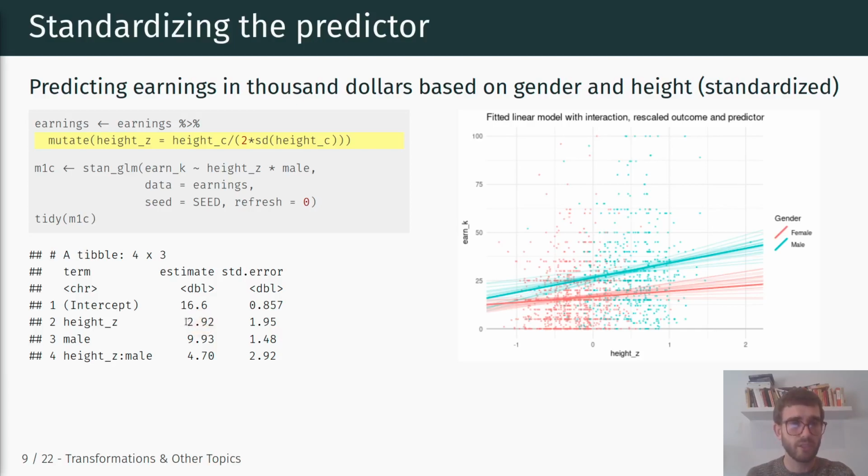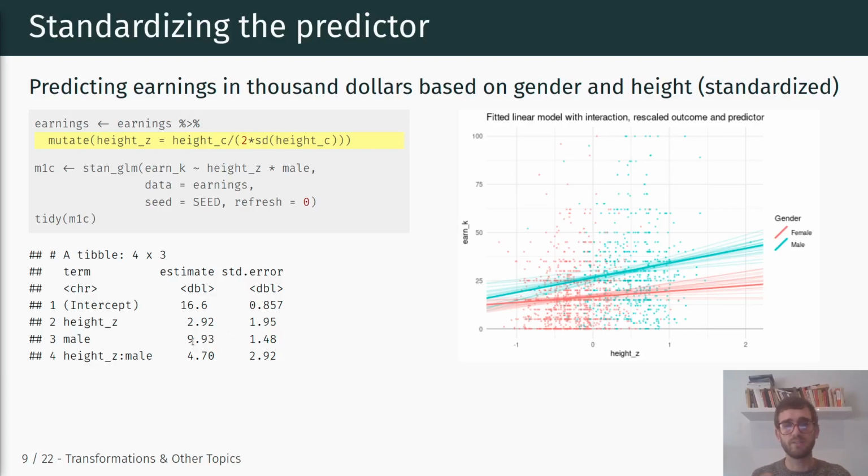So a 2 standard deviation increase in height is associated with a predicted increase in yearly earnings of almost $3,000, compared to the gender difference that we observe, which is around $9,000 for men as compared to women.